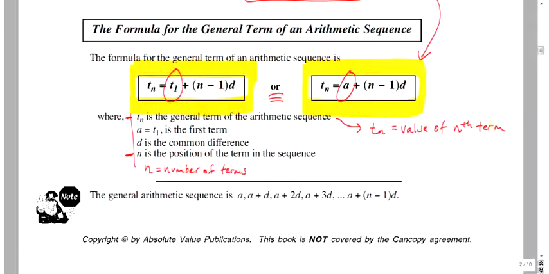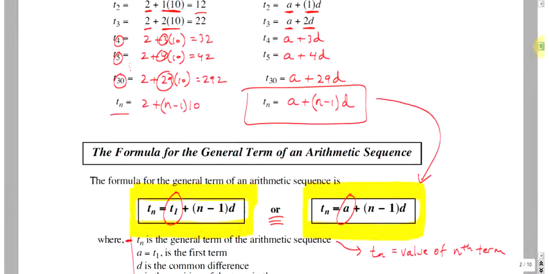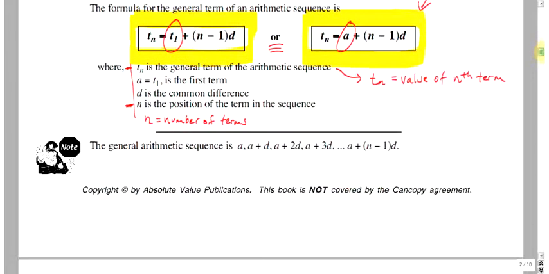If you know n, you can find the value of that term, right? I know there's 4 terms here. I put it in to find T5, the value of the 5th term. That is 42. The 5th term was 42. That's what this is saying.